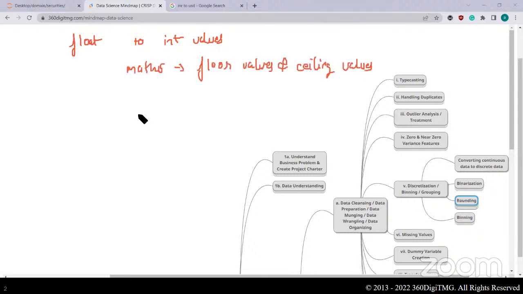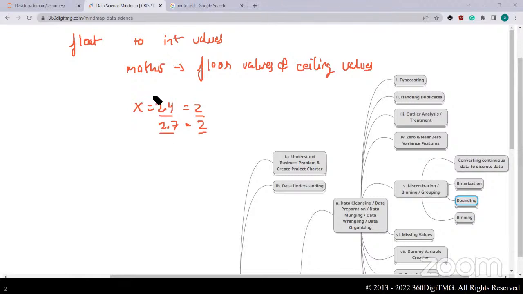Now floor values means if you have x equals 2.4, if you take the floor value, this will become 2. If you have 2.7 and you take the floor value, it will become 2. Okay. And that is what is happening when you're doing typecasting. In typecasting, these values are going to the floor value.